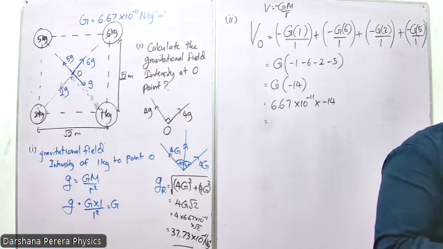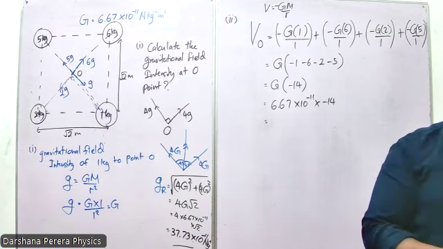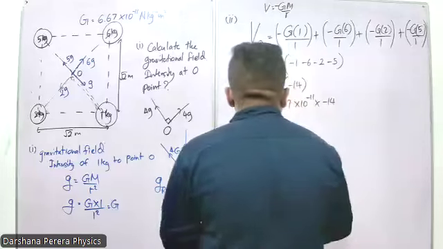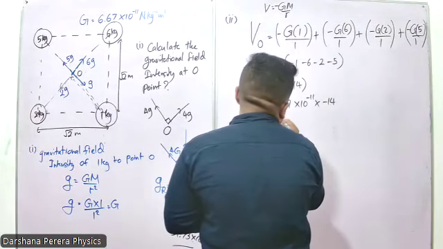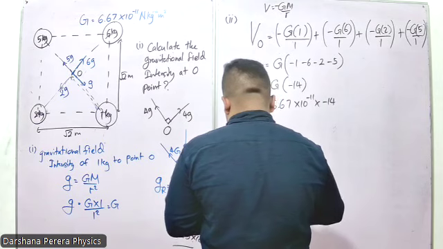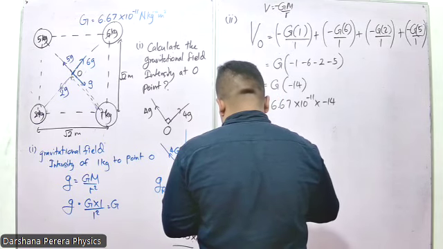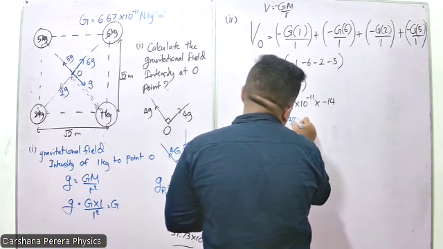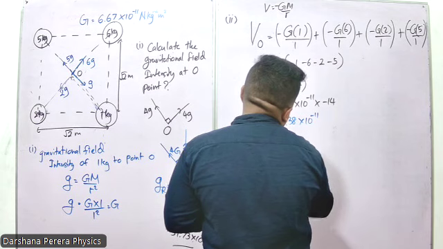Yes, I think 6.67 into 10 to the power minus 11. 6.67 into 14 is 93.38 into 10 to the power minus 11.